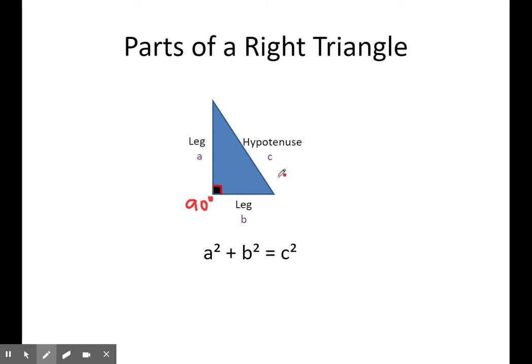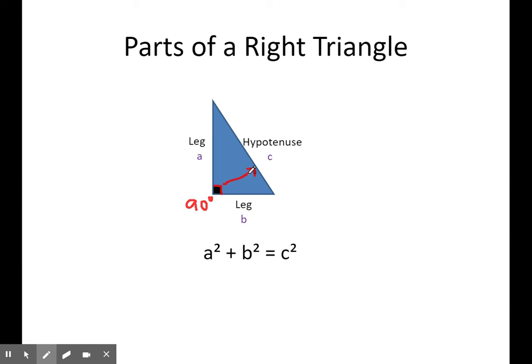Whenever we're dealing with the Pythagorean theorem, the first thing we always want to do is locate the hypotenuse. The easiest way to locate the hypotenuse is to first locate your right angle, and your right angle will always be given to you. You will never have to draw this square. They'll always have it for you. So find your right angle, and then draw an arrow that goes away from your right angle.